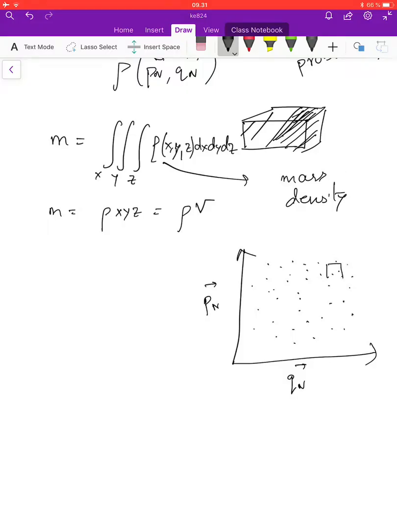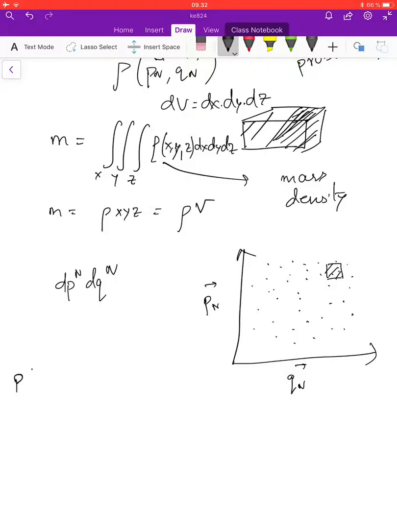I can choose an infinitesimal volume here, and this volume is equal to dPN dQN. Just like when we were calculating mass, the infinitesimal volume is dx multiplied by dy multiplied by dz. Similarly, an infinitesimal volume here is dPN dQN.